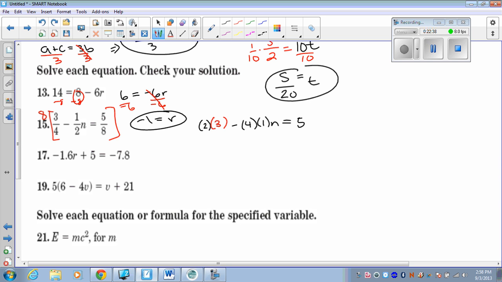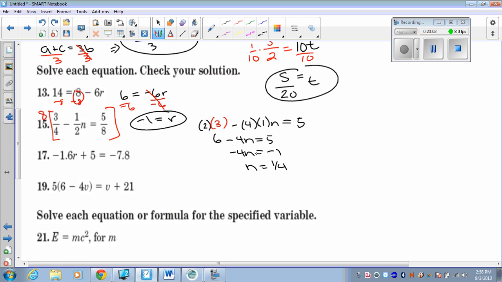Okay. 2 times 3 is 6. 4 times 1 is 4 times n. And now all of a sudden it looks a lot nicer. Subtract 6 from both sides, and you end up with negative 4n equals negative 1. Divide by negative 4, and n equals 1/4.